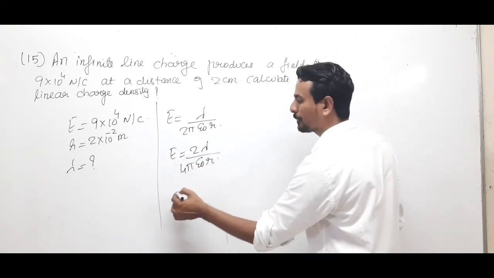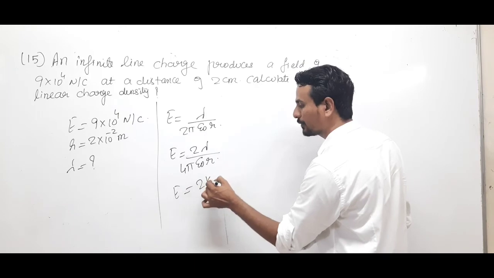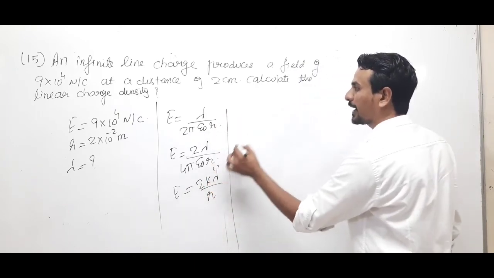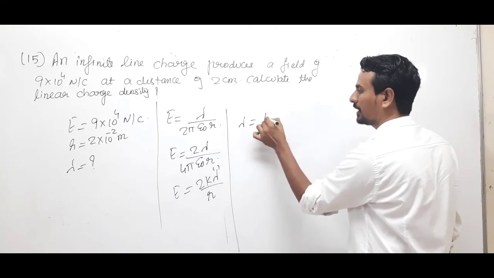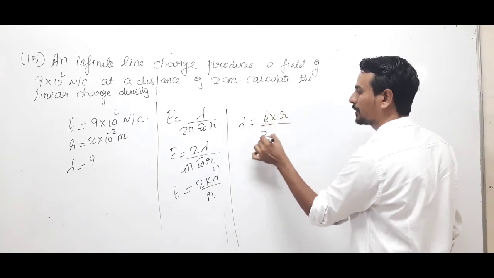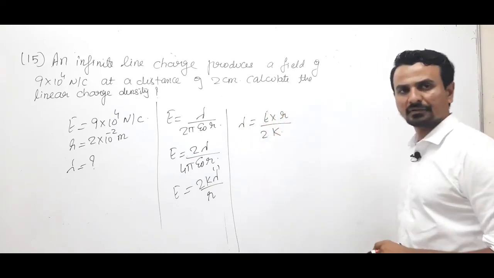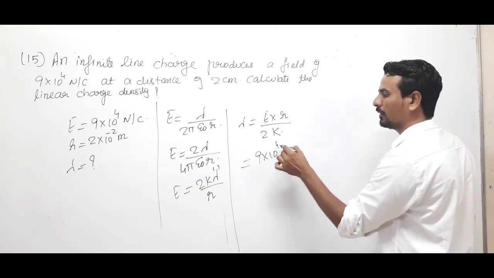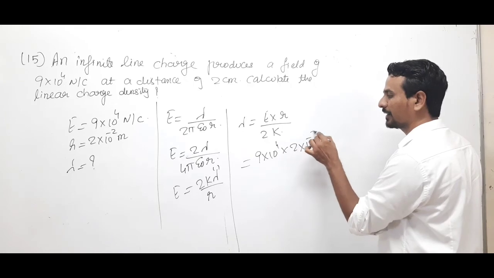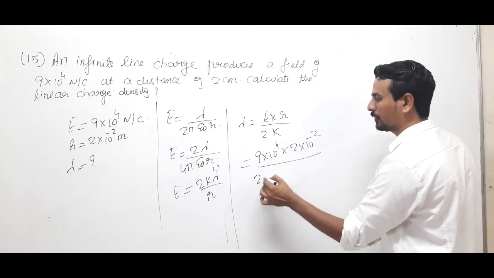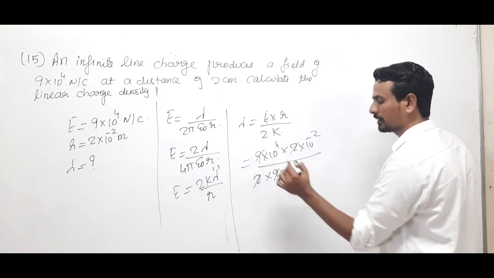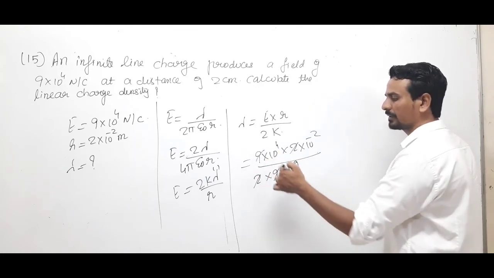So 1/(4πε0) is k, so this will be 2kλ/r. We have been told to calculate λ, so λ will be E × r divided by 2k. Substitute the values: 9 × 10^4 times r, that is 2 × 10^-2, upon 2 × 9 × 10^9. 2 cancels, 9 cancels.